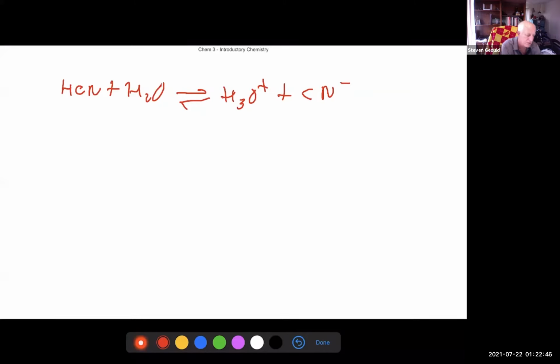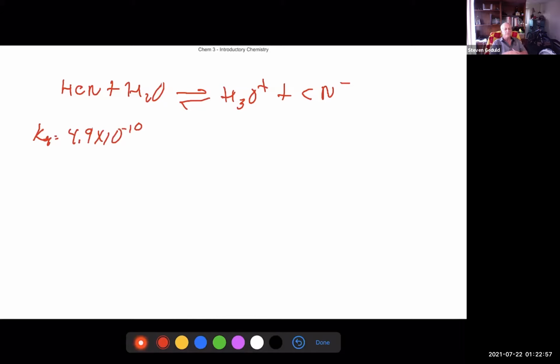The equilibrium constant for this reaction is equal to 4.9 times 10 to the minus 10. And the H3O plus and the cyanide are both equal at 7.3 times 10 to the minus 6. What is the concentration of HCN in the solution?